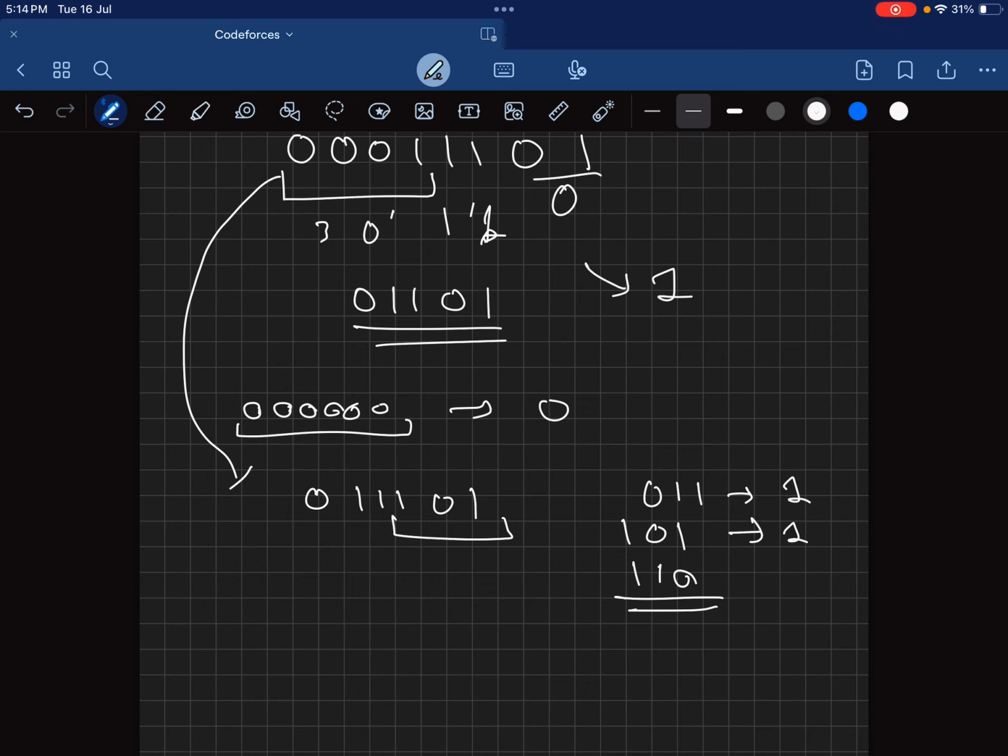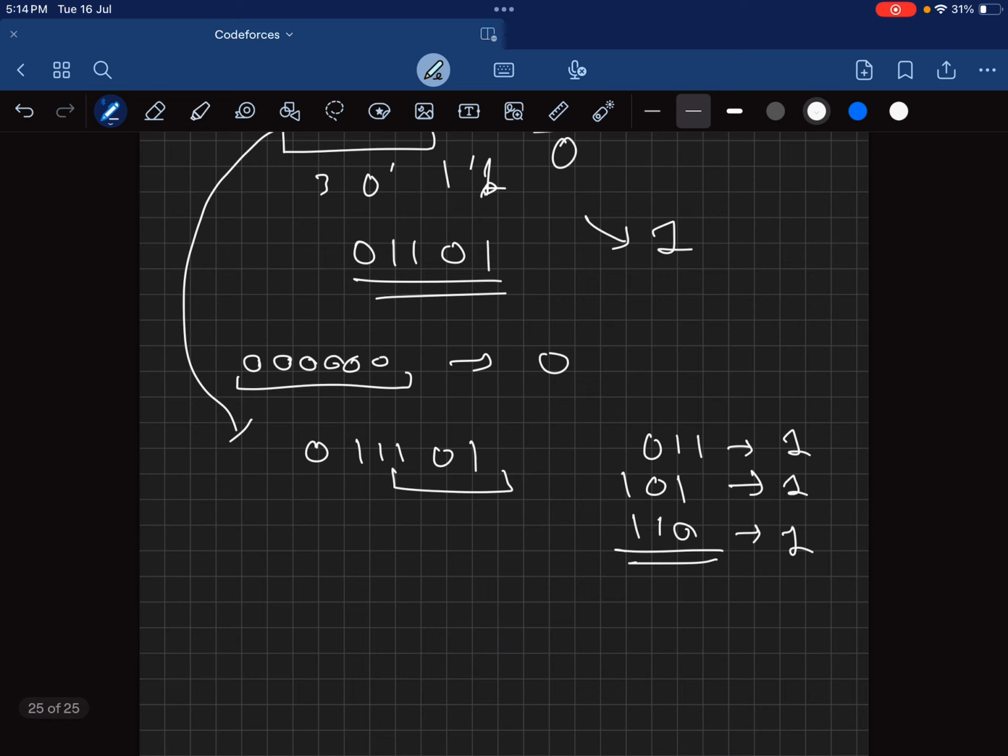All of these can be replaced by 1, but the invariant in this string is that the number of ones minus the number of zeros will remain the same if we perform this operation.